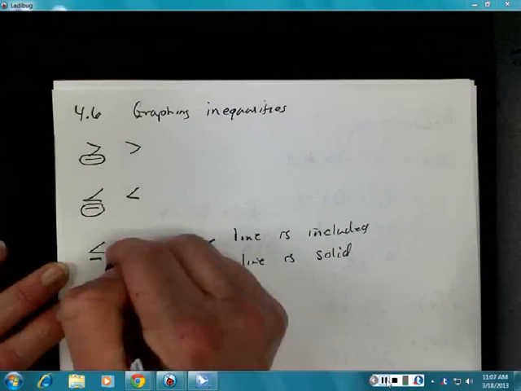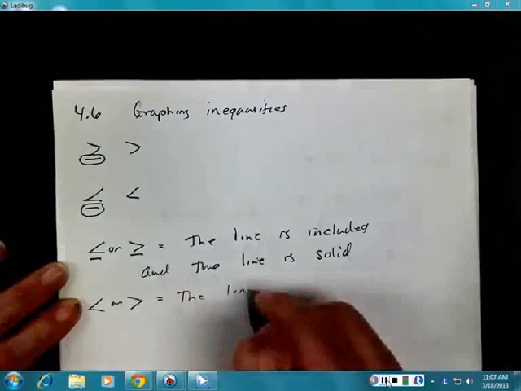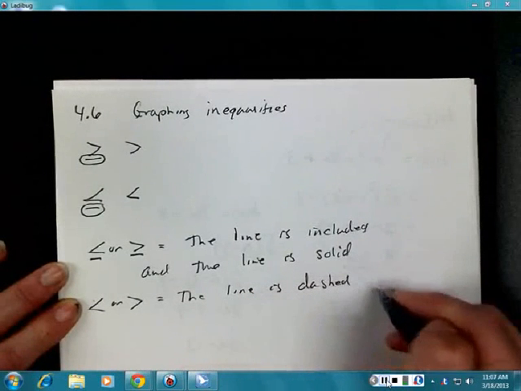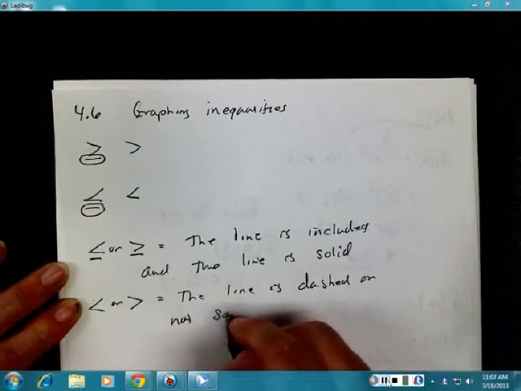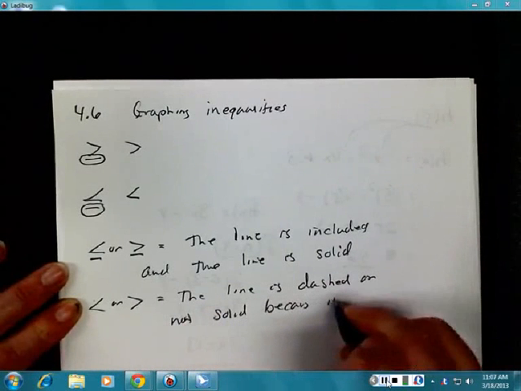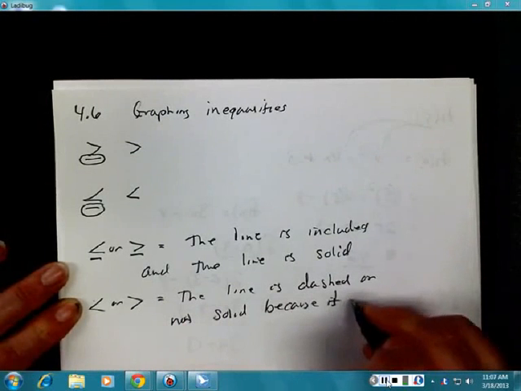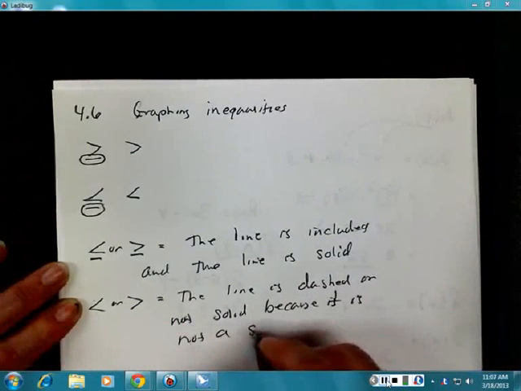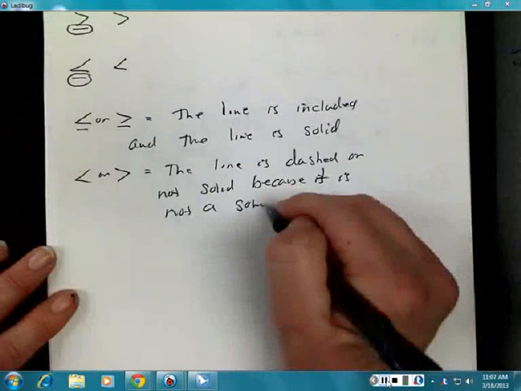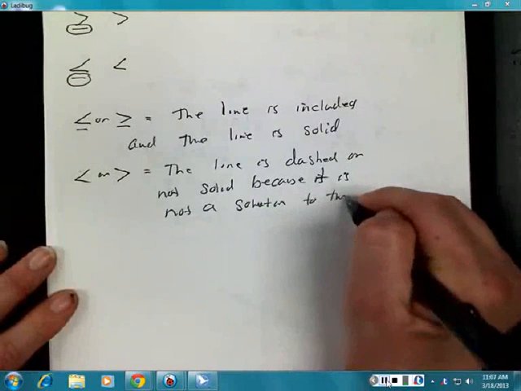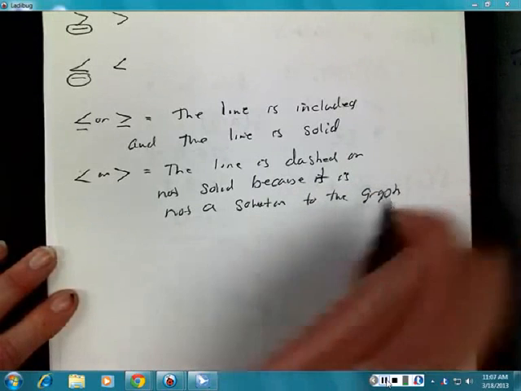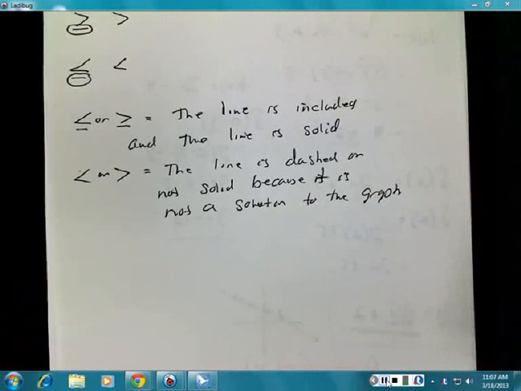If it is a less than or greater than, the line is dashed or not solid because it is not a solution to the graph. So it's going to be a dashed line, so it won't be a solid line. And this will make more sense when we start looking at graphing these things and what they start looking like.